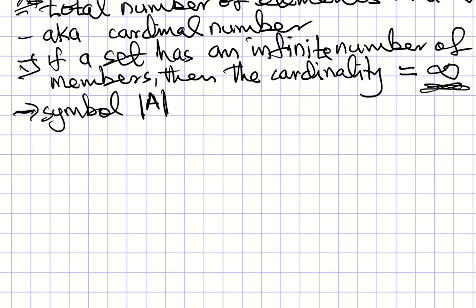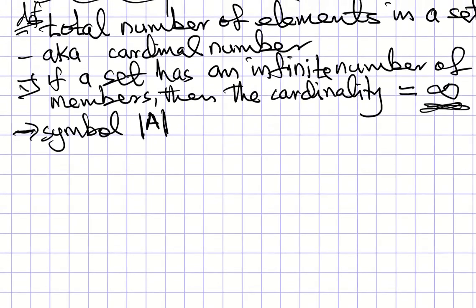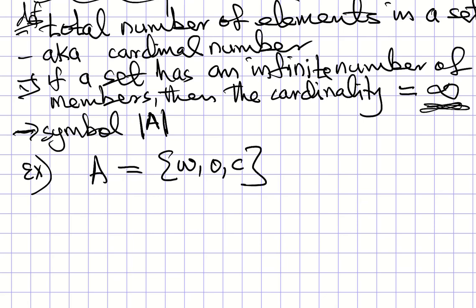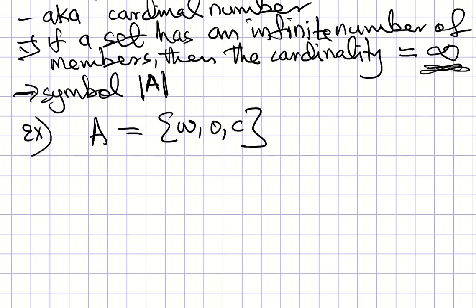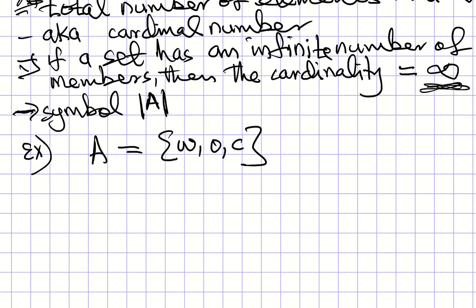Let me give you an example. Remember our set at the beginning? That's why I started with that set. We said that A is equal to {W, O, C}. These are the states on the western coast of the United States: Washington, Oregon, and California, right?